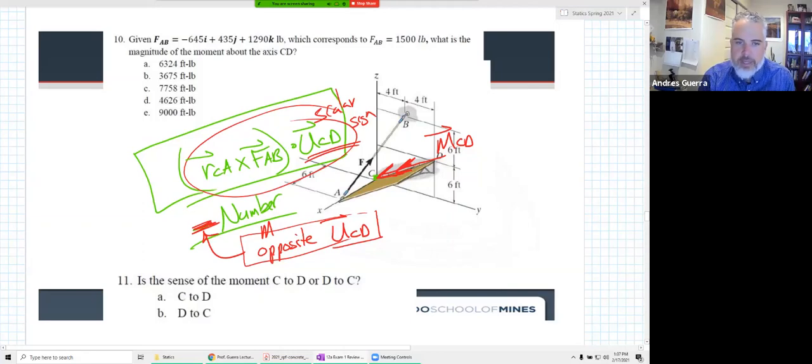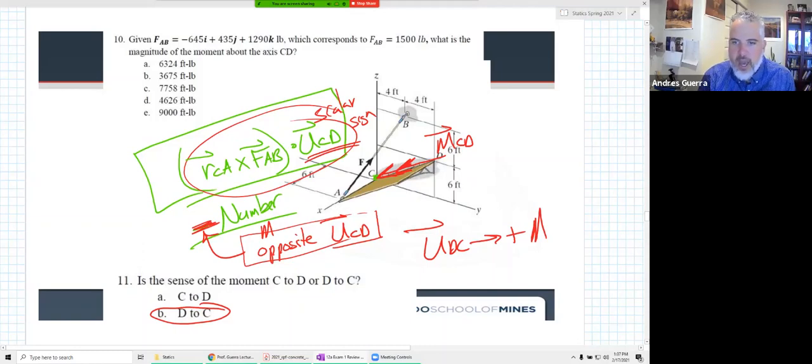That means it goes opposite, and so our moment vector is directed from D to C. If you picked the unit vector from D to C, you would end up getting a positive moment.